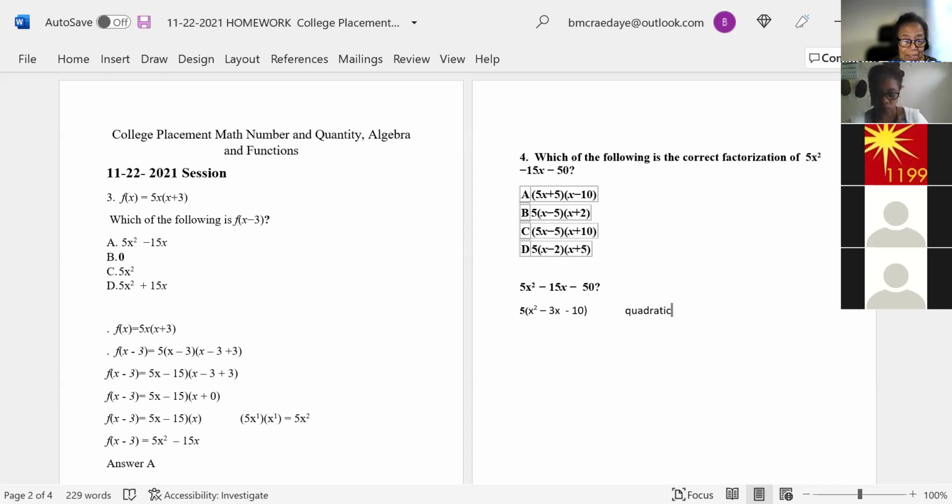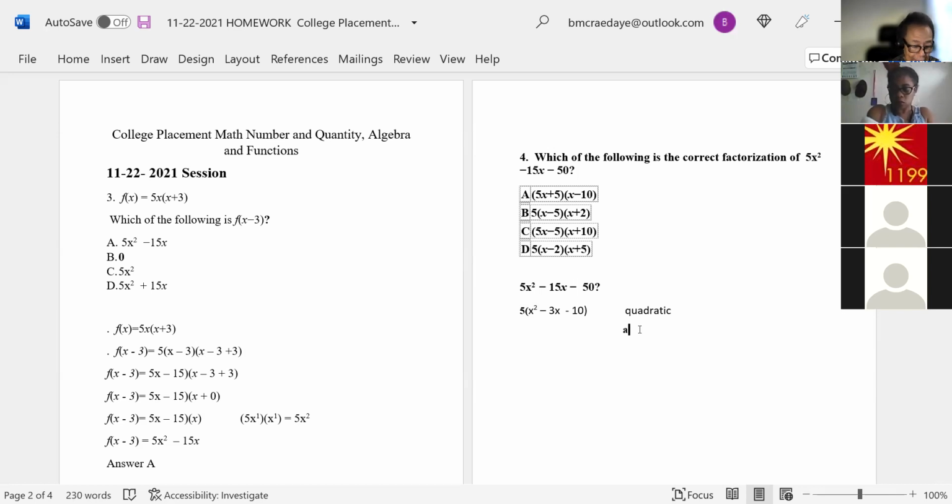That's the quadratic format. In other words, the quadratic format is ax squared plus bx plus c equals 0. That's the general format of a quadratic. You recognize that exponential is one of the function types. So it's exponential, quadratic, and linear.